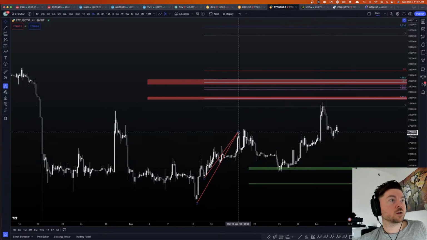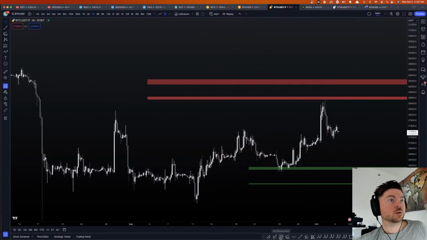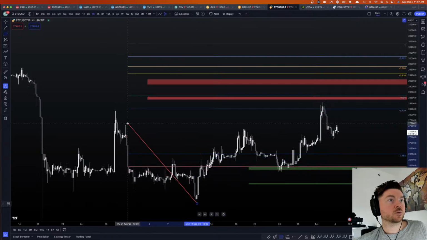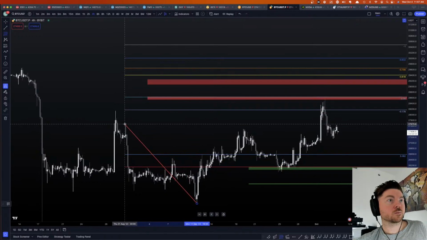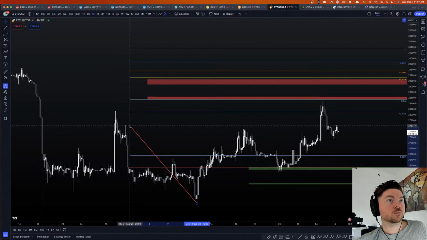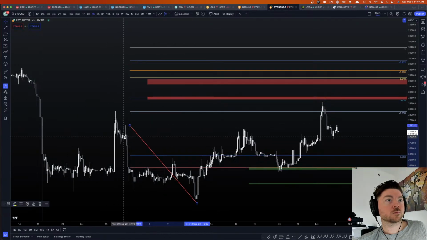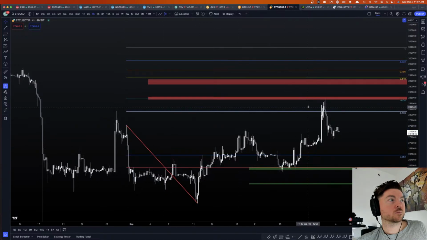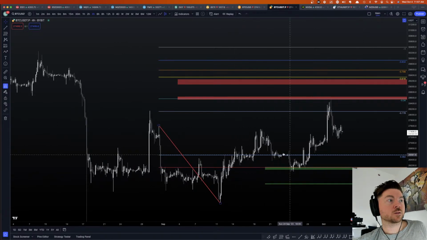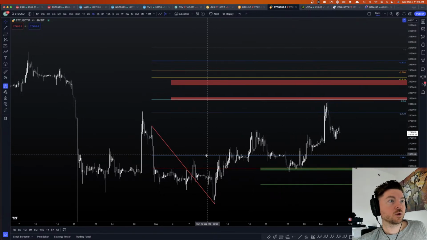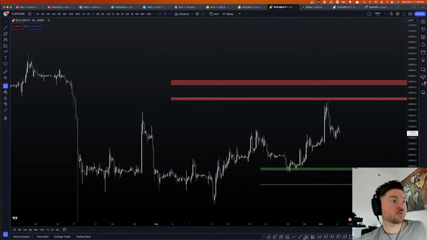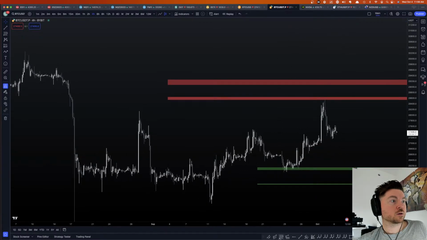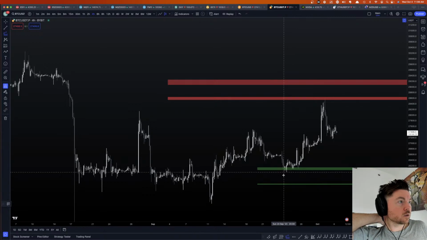So we got that. We also got, is it this 3-4? Yeah, that 3-4 from there to there, and this kickback holding here. So we had that as well. And then on the lower time frame, we had something in here.